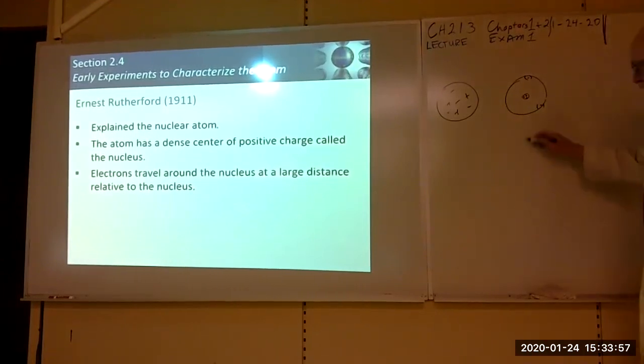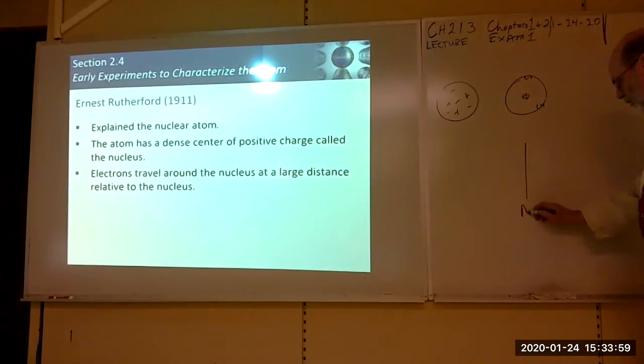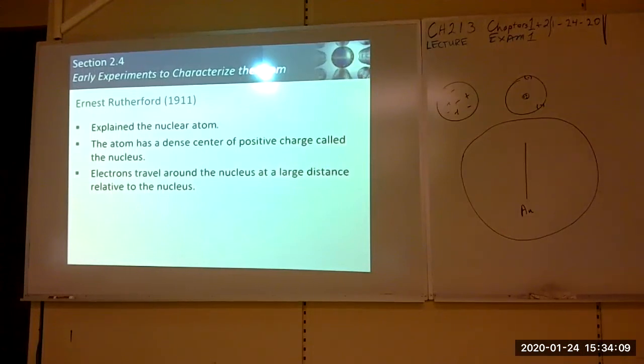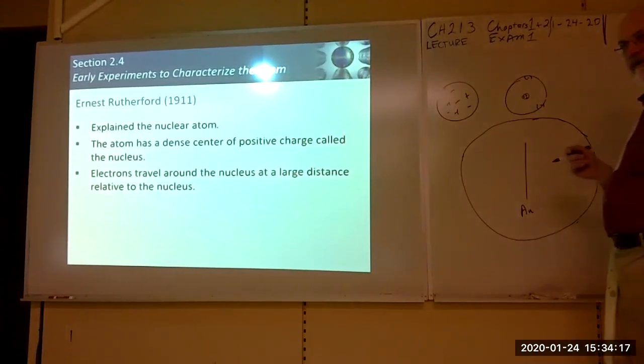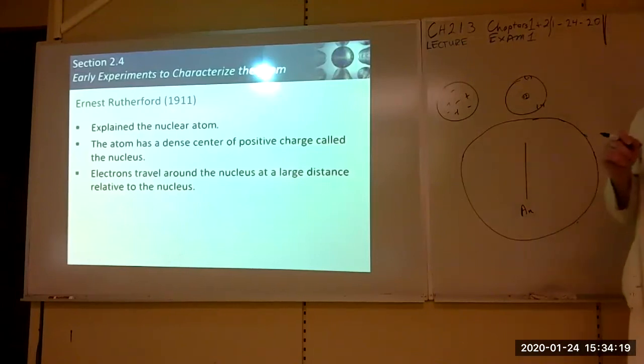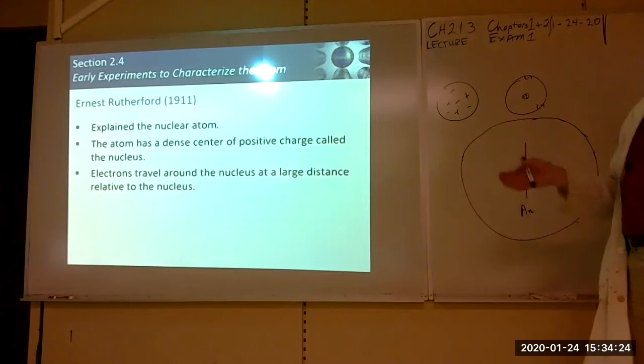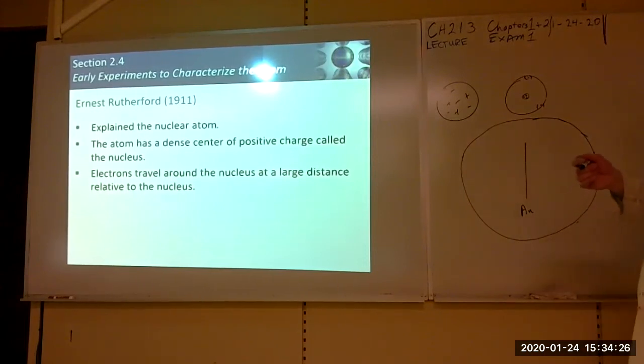So he put this gold foil right here, and he surrounded it with detectors, probably photographic film. Right? So he had these detectors spaced around here. He said, what I'm going to do is I'm going to fire a very dense particle at this gold foil. And he knew that the alpha particle was very dense.